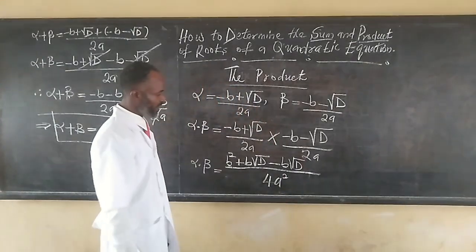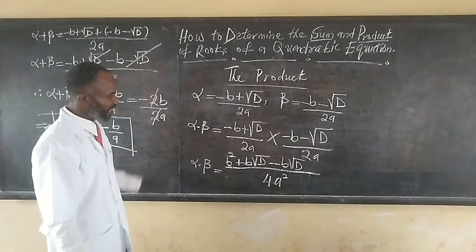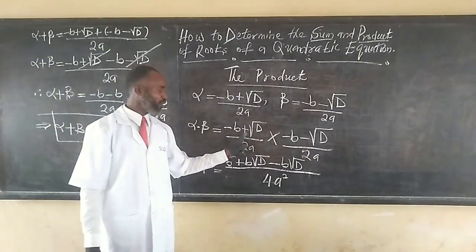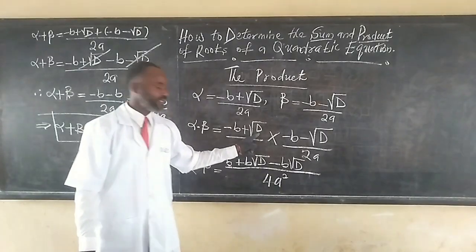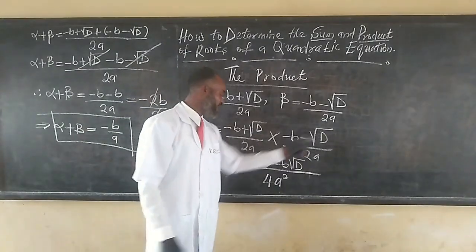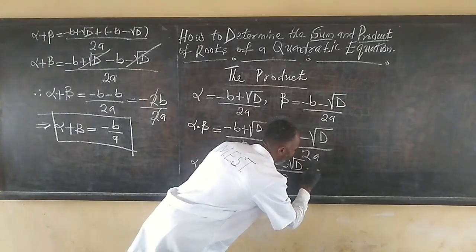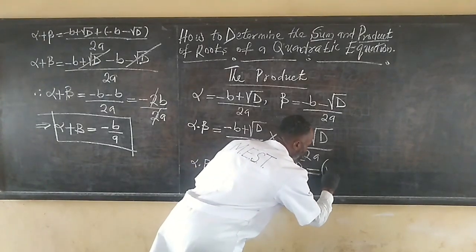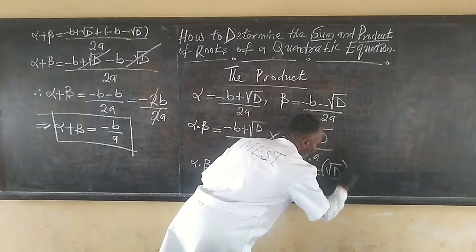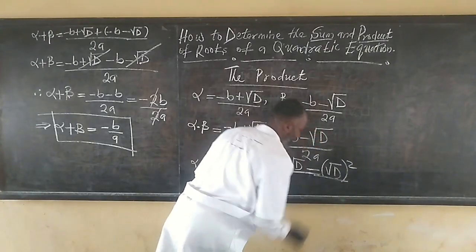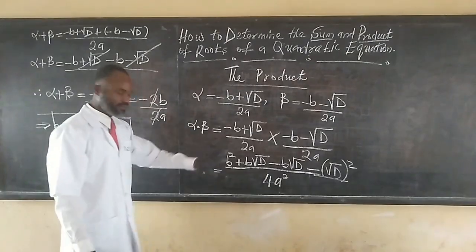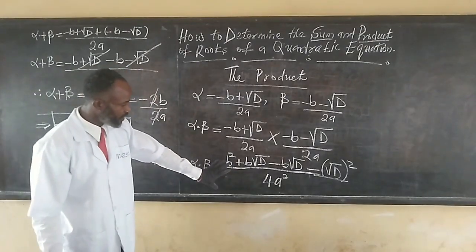Then the next one, plus square root d times minus square root d, is going to be minus, bracket open, square root d squared. That is it.